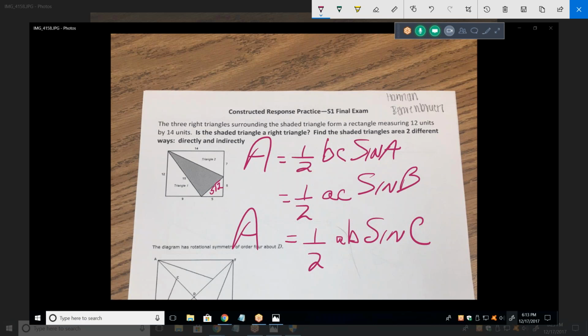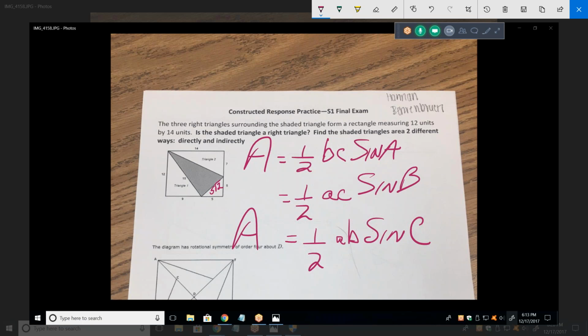What's the length of this hypotenuse for triangle 2? What's the square root of 14 squared plus 7 squared? Hold on, can you say that again? You cut out. Can you figure out the hypotenuse on triangle 2? The square root of 14 squared plus 7 squared.